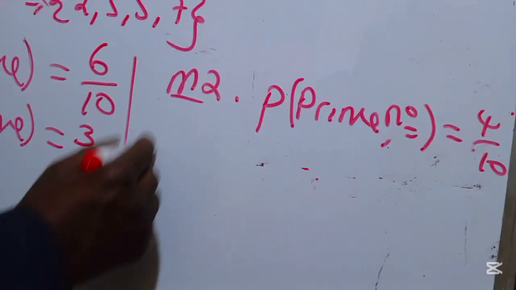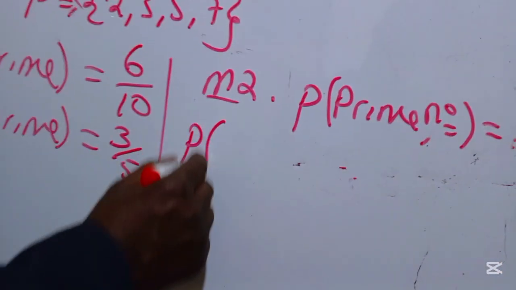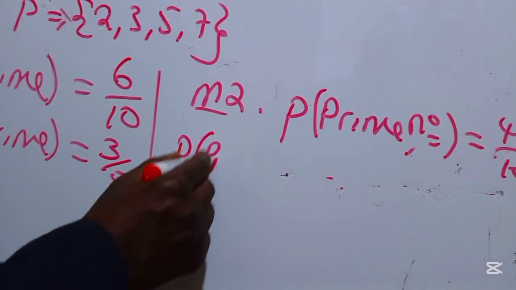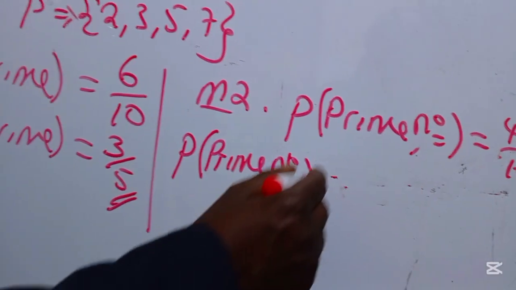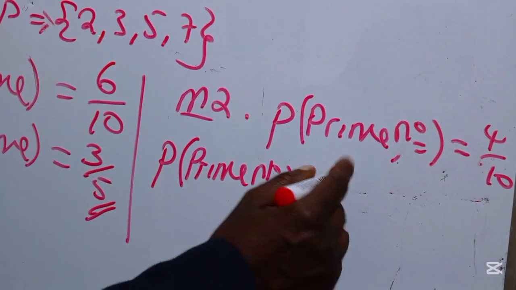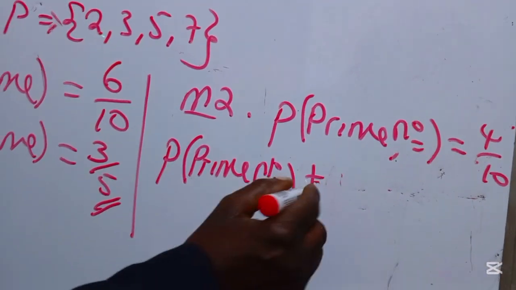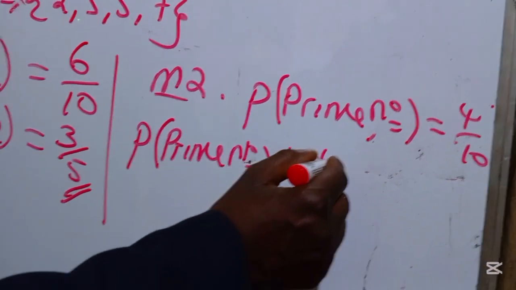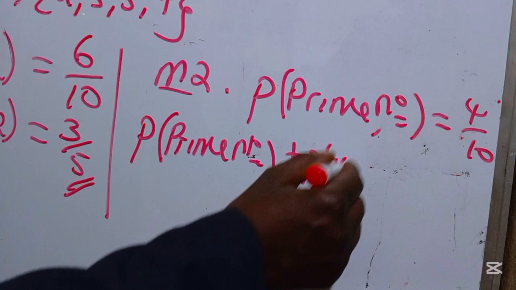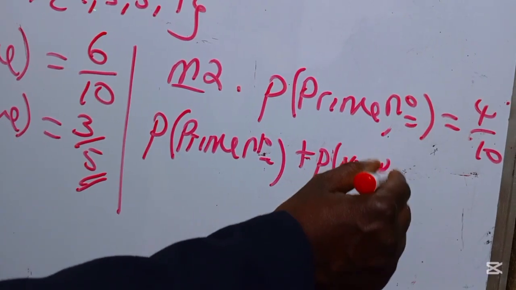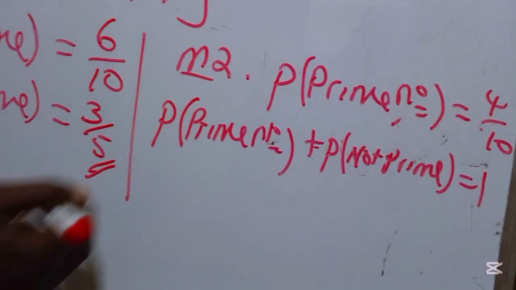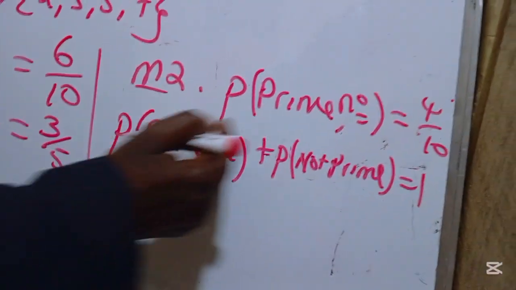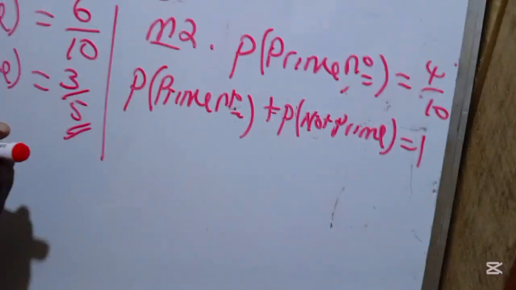Now, what you should understand is that the probability of getting a prime number plus the probability of not getting a prime number is always 1.